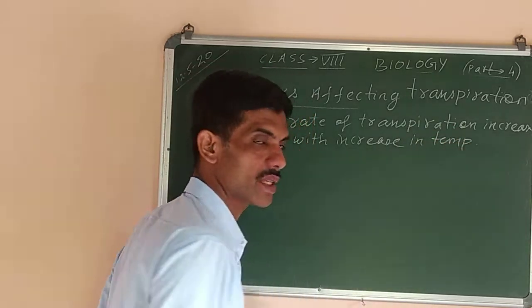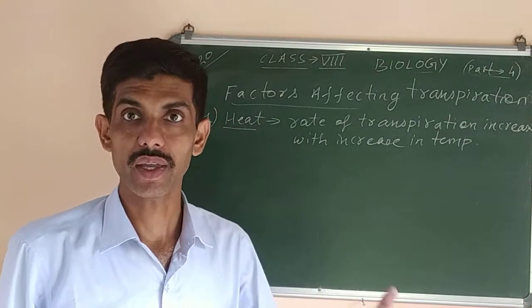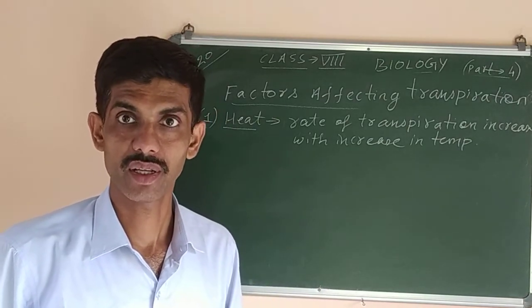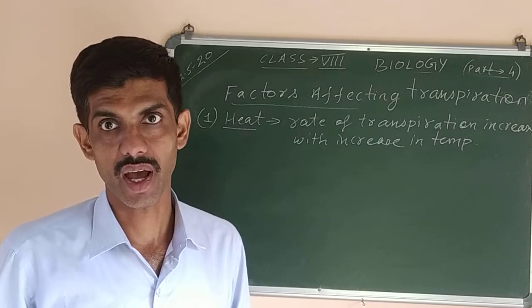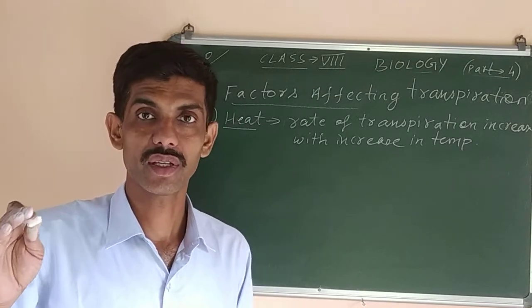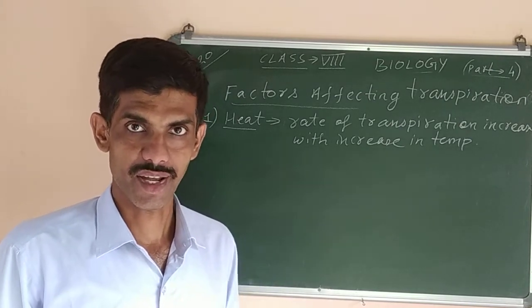So at lower temperature, the plants will carry out less transpiration. At higher temperature, more transpiration. But in desert plants, where temperature is extremely high, it is not favorable for the process of transpiration.